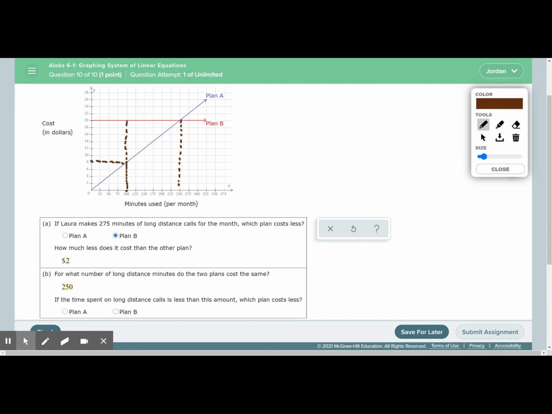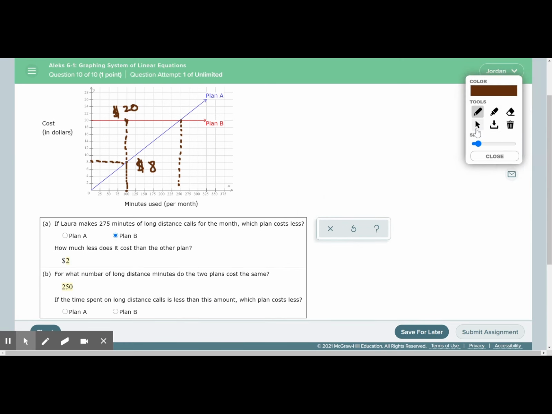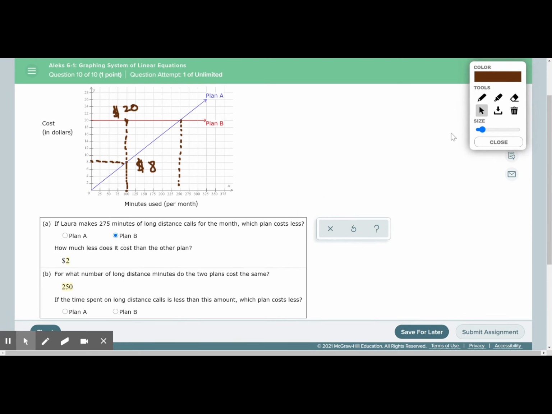Plan A, which is the blue line, is going to cost $8 for 100 minutes, and plan B is going to cost $20. So if you call less than 250 minutes, plan A is the better option. The plan that costs less will be plan A.